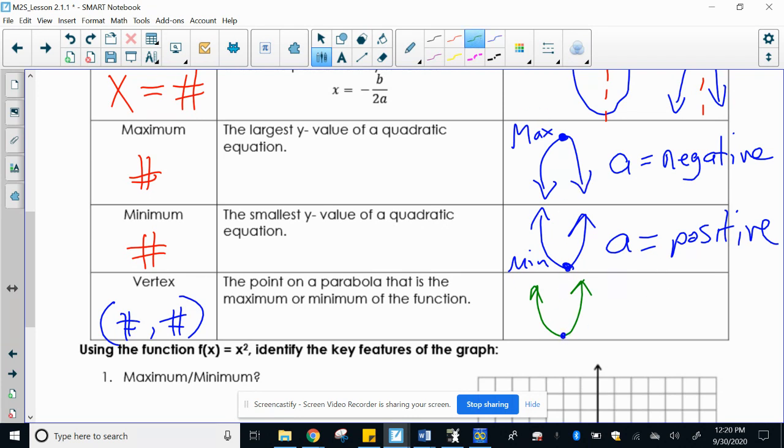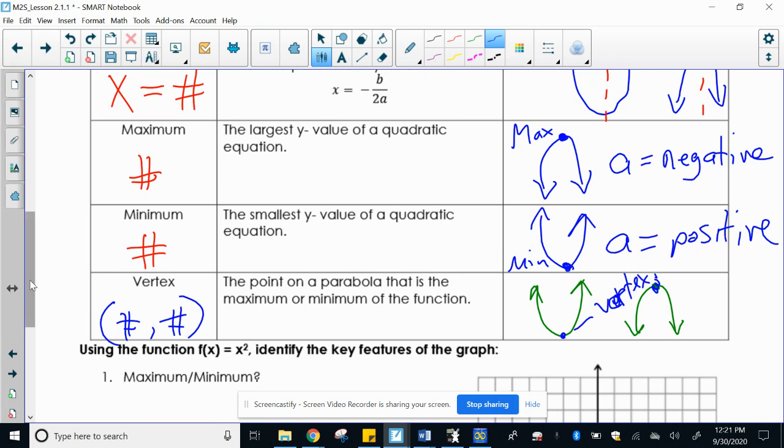If we were opening downwards, something like this, the vertex would be this highest point here. Vertex. Sorry, the handwriting comes out there. That's the vertex.